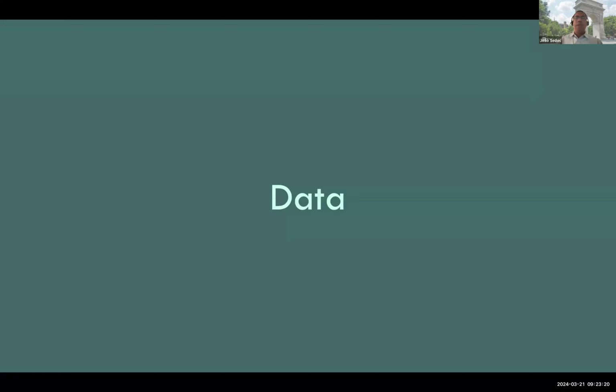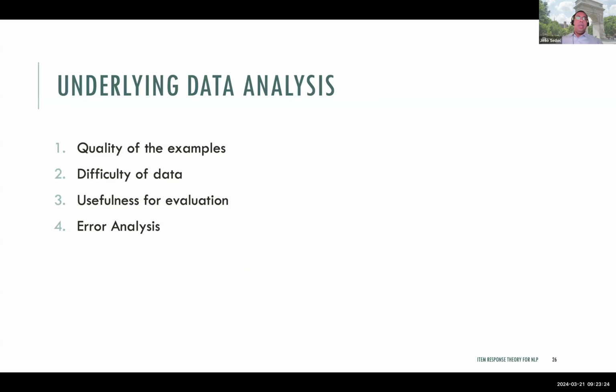Okay, so now looking at data. Like I said earlier, we want to look at data, and here we can talk about this as training data. Often we'll look at evaluation data sets.